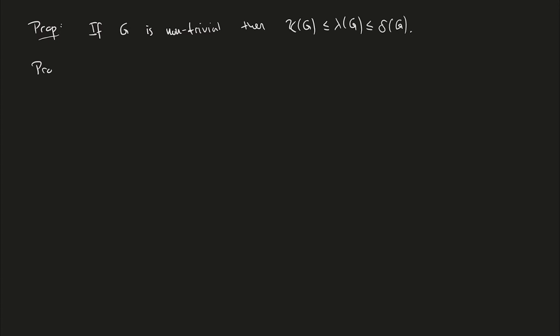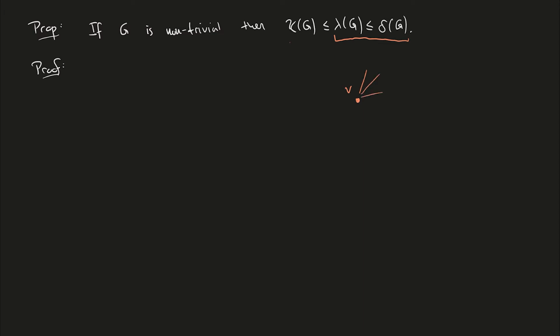Let's give a proof of this. We first consider this inequality here, which states that the edge connectivity is less than or equal to the minimal degree that a vertex has in G. So let's draw a picture for this. Let's say that we have a vertex V, which has minimum degree.